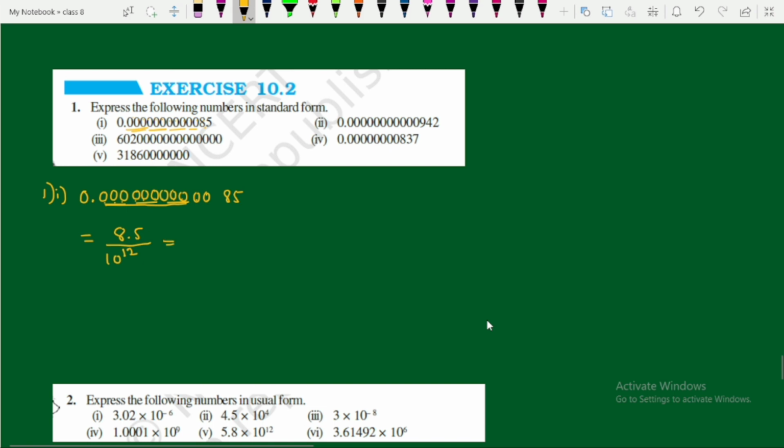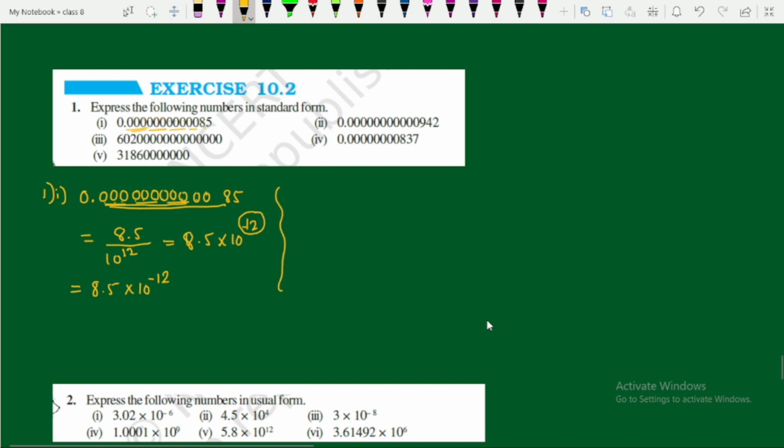So we write it as 8.5 into 10 raised to minus 12. If it is a very small number, the power will be negative. So the answer is 8.5 into 10 raised to minus 12. In the same way, if it is a very big number, the power will be positive.